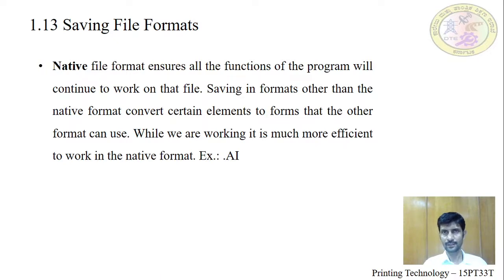To work smoothly in a particular software, we require its native file format. In Adobe Illustrator, the file extension is .ai. The AI stands for Adobe Illustrator file. Each and every person can easily identify which application software is required to edit that file by identifying the file extension.